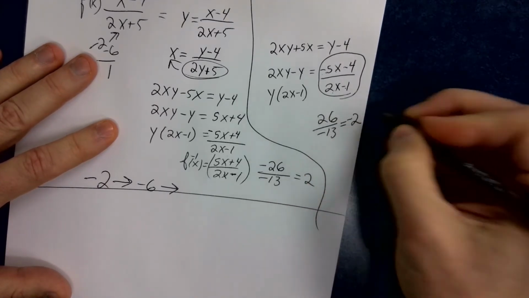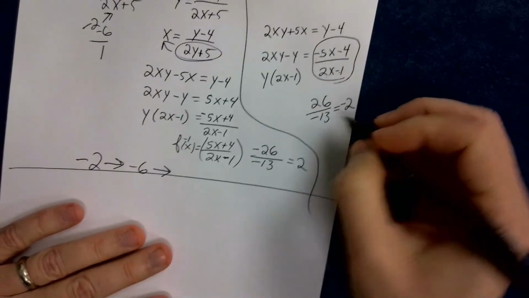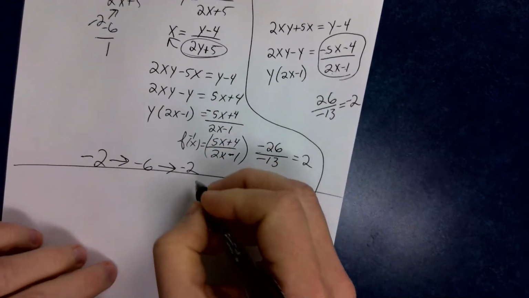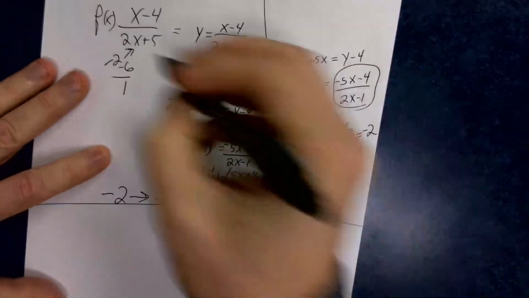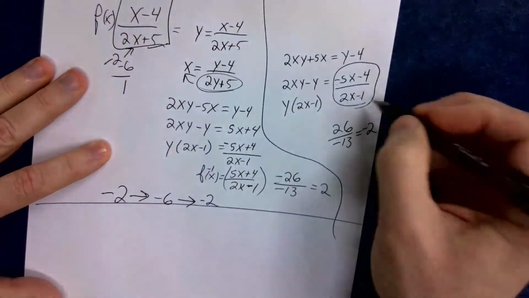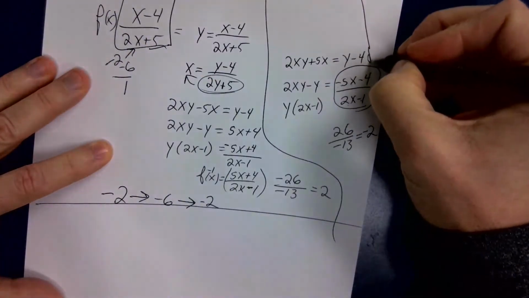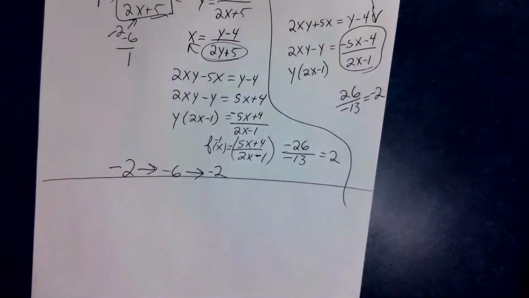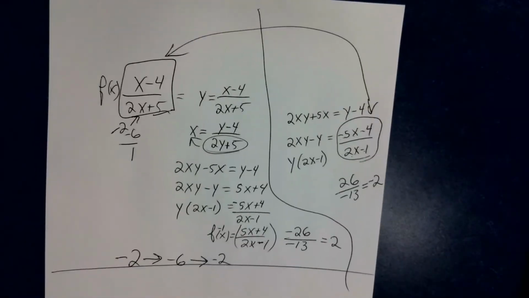Holy crap, that was long. Negative 2 is what I get out of this. So these are my inverse functions. I apologize for all that delay, but hopefully it was good in the fact that you know that precision and attention to detail is important.